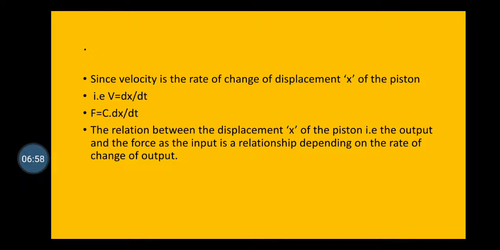Since velocity is the rate of change of displacement x of the piston, that is V is equal to dx by dt, then force F is equal to C into dx by dt. The relation between the displacement x of the piston, that is the output, and the force as the input, is a particular relationship depending on the rate of change of output.